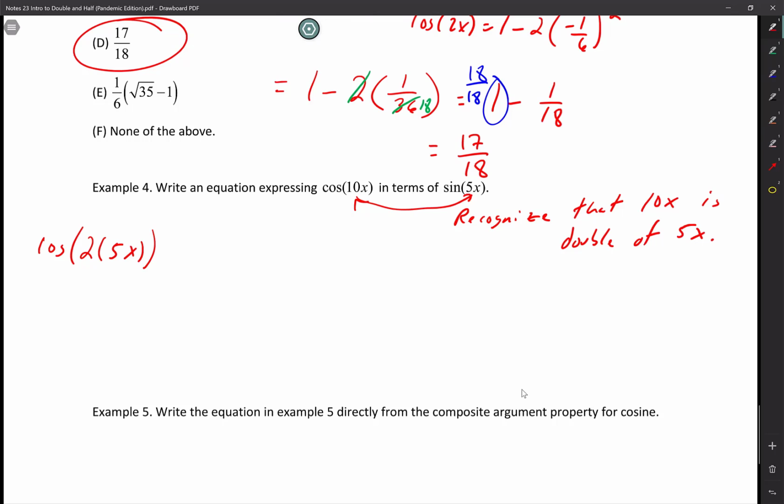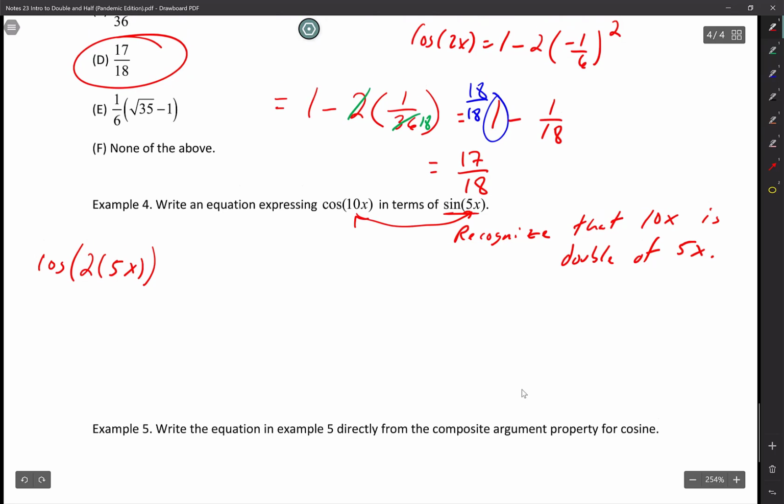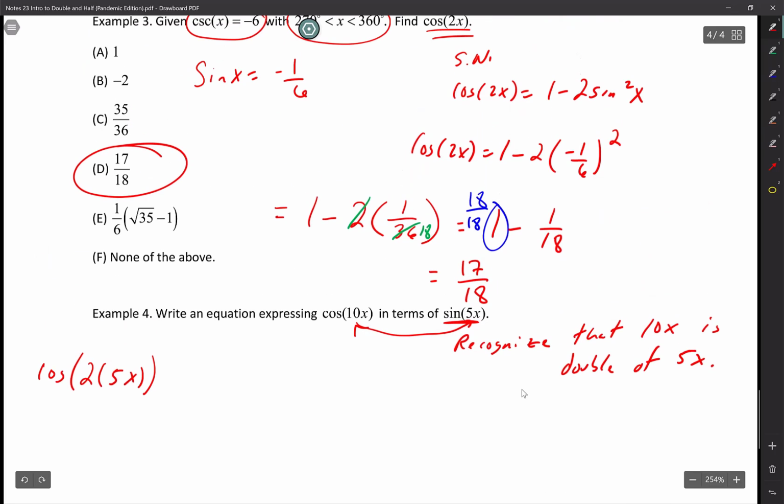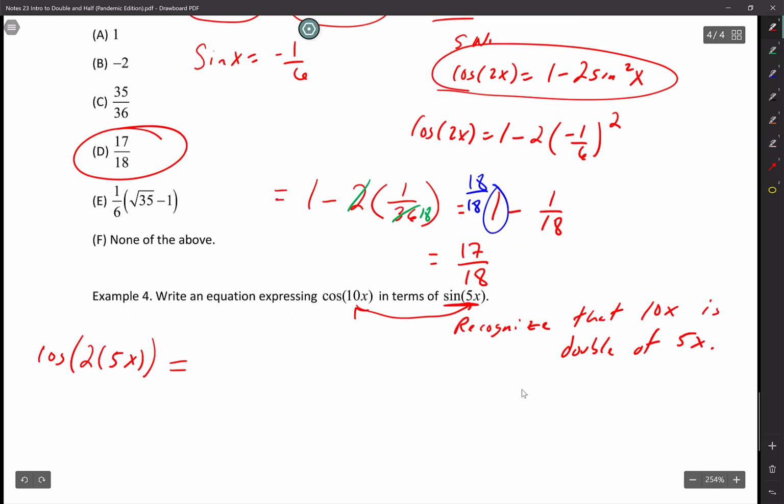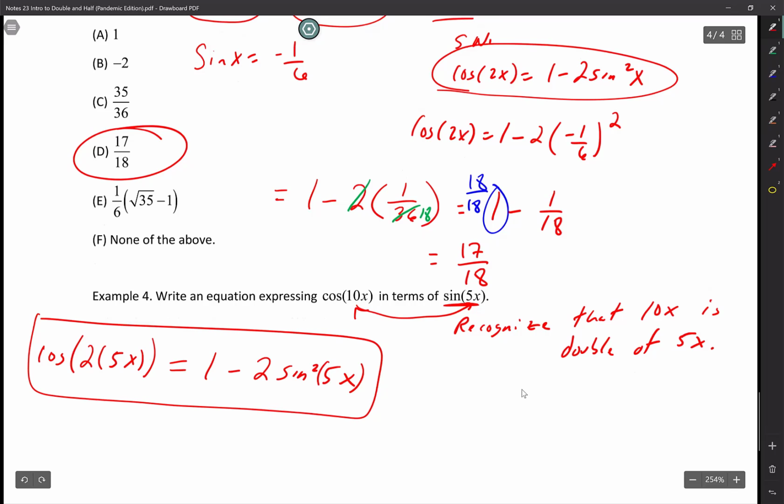And I'm going to use my formula for cosine 2x. It wants it in terms of sine 5x, so I'm going to use the same formula that I used in the last one. Equals 1 minus 2 sine squared of 5x. Done. There it is. That's it. If you want to put a parenthesis right there, that's fine. Done. There it is. My cosine 10x expressed in terms of just sine 5x. It's being squared, but it's still sine 5x.